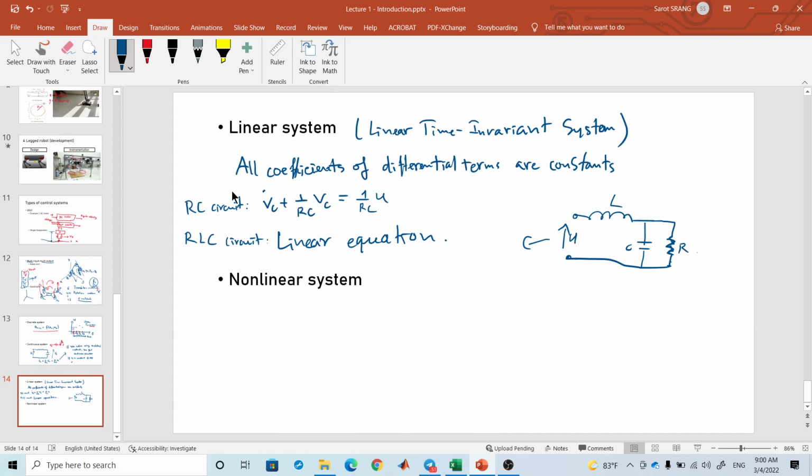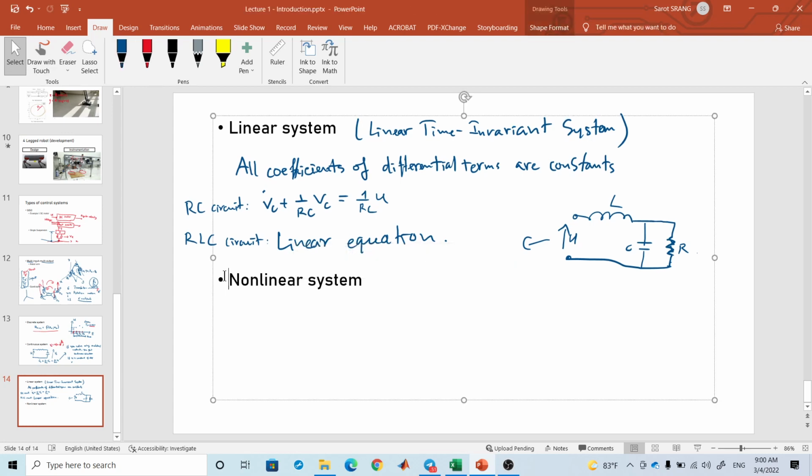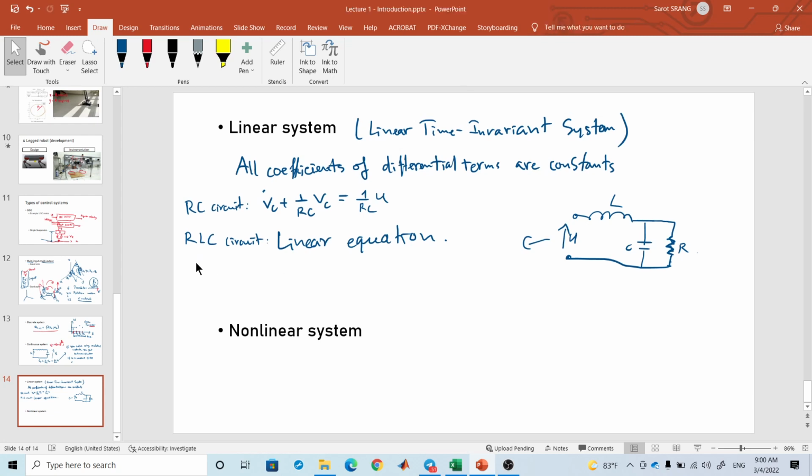I give another example. Mass spring and damper.